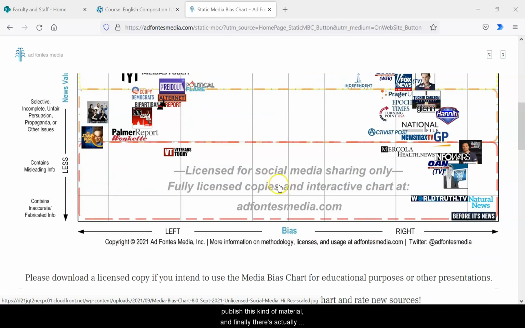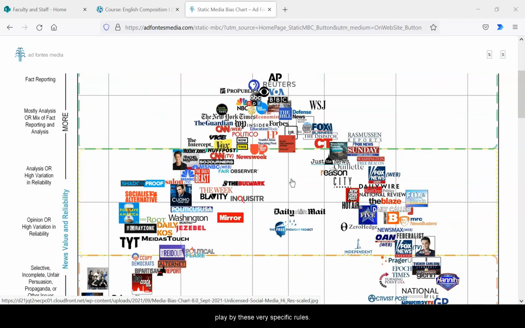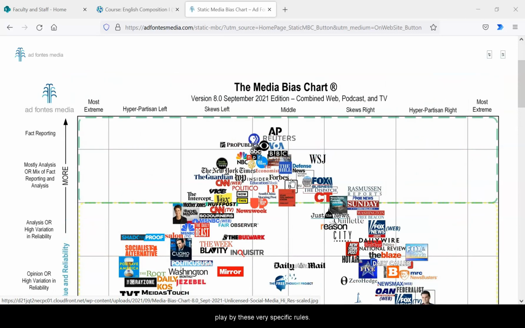And finally, there's actually one tier of material that is completely unreliable; it might actually publish inaccuracy or outright lies. Now, all of us have preferences for what we enjoy reading in our private life, but for academics, we have to play by these very specific rules.